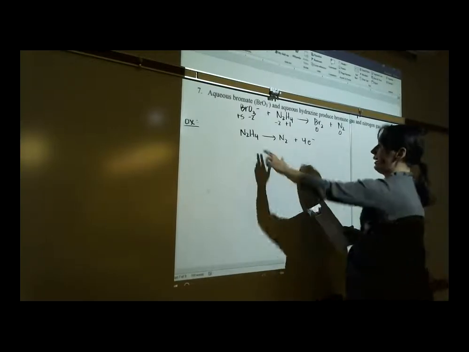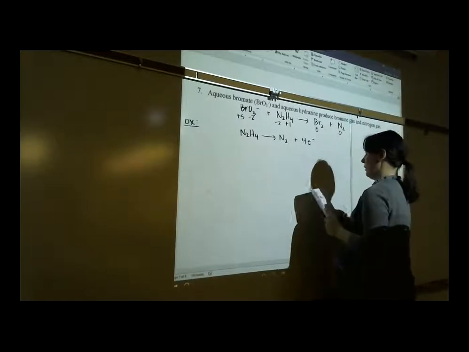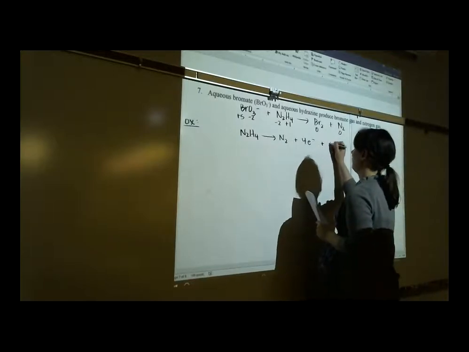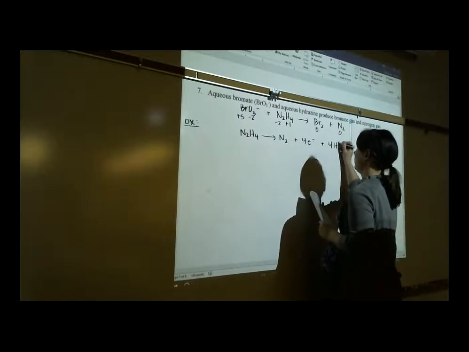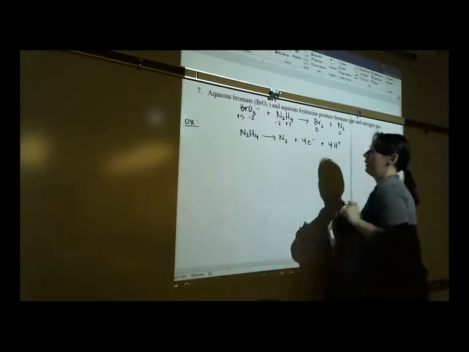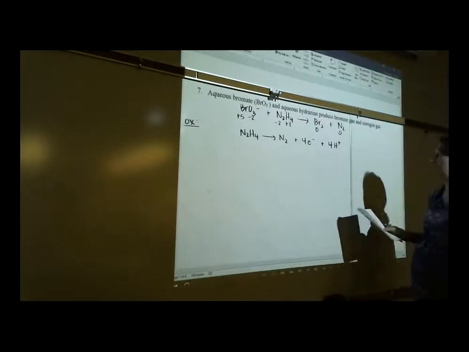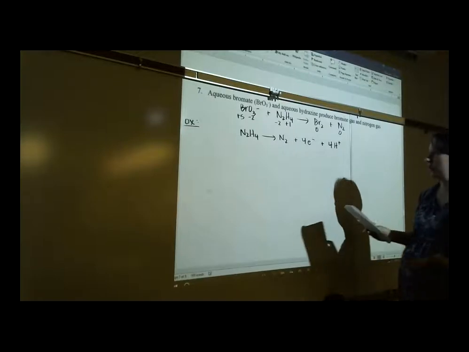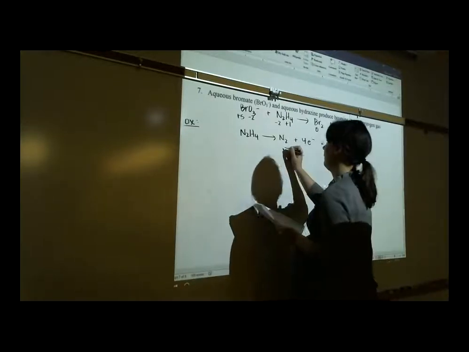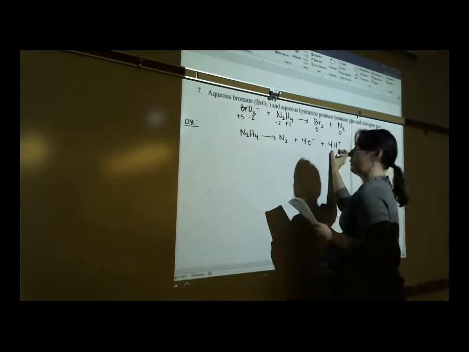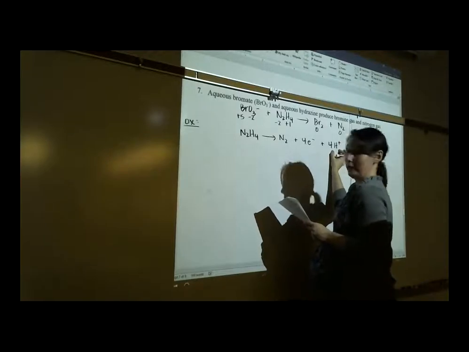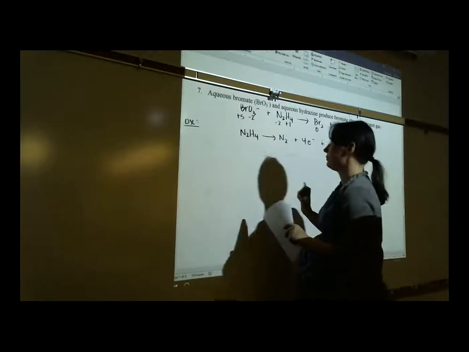All right, so now we need to balance the hydrogen. So that would mean 4 H plus, right? Because there's 4 here. Now, if this were occurring in acidic solution, we'd be done. However, this is occurring in basic solution, so we need to turn it into basic. So we take the equivalent of this hydroxide and add it to both sides.